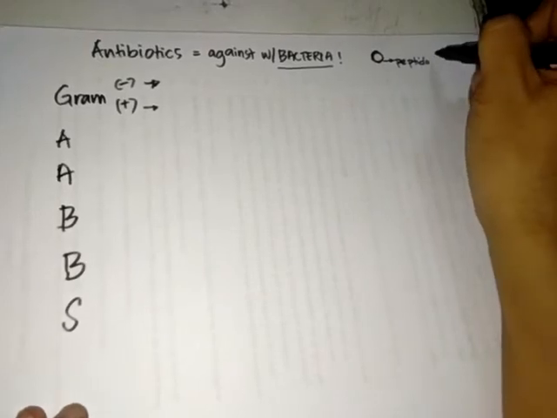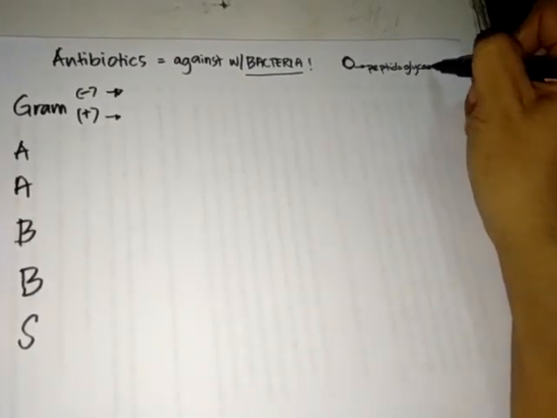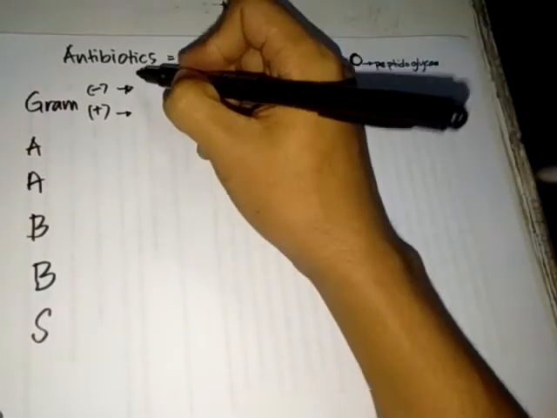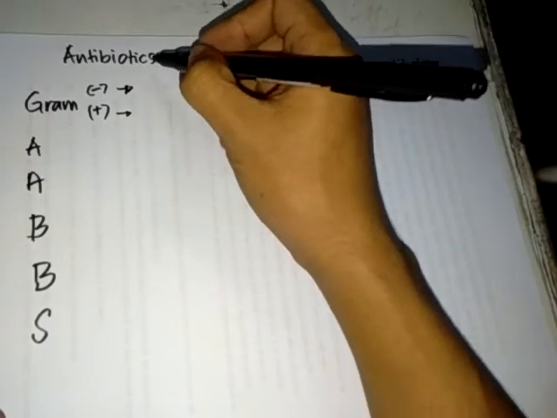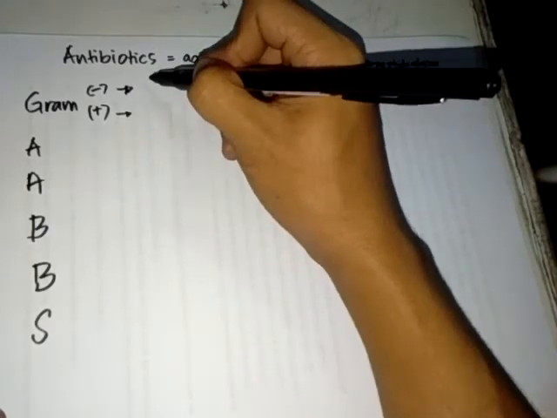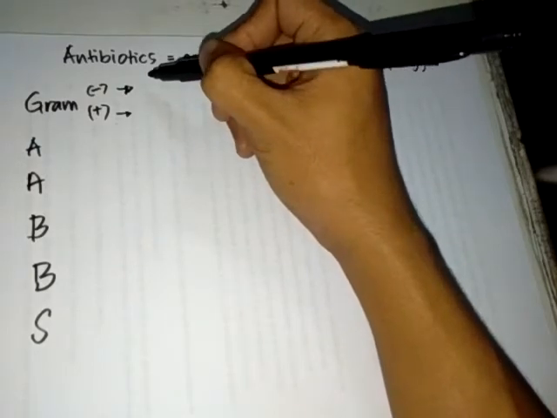Peptidoglycan. Okay. Since meron tayong tinatawag na gram negative, as I said, and gram positive, so ano ibig sabihin ng gram negative? Actually, yung mga gram negative, maninipis ang kanilang mga peptidoglycan.